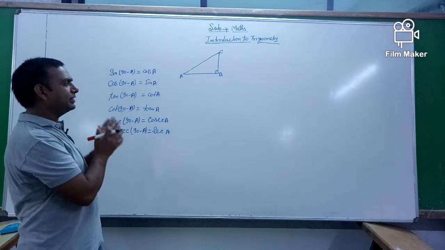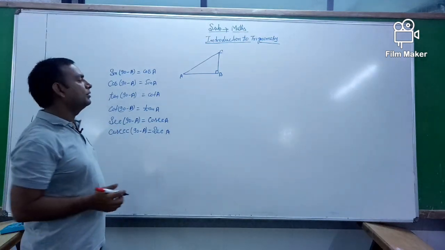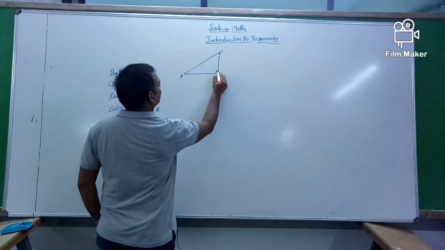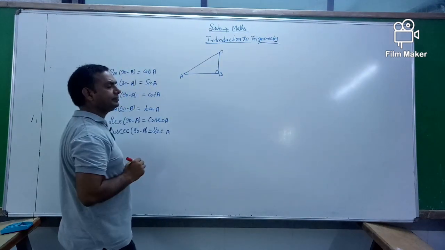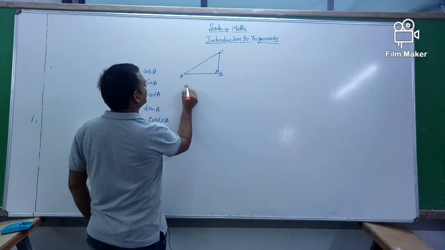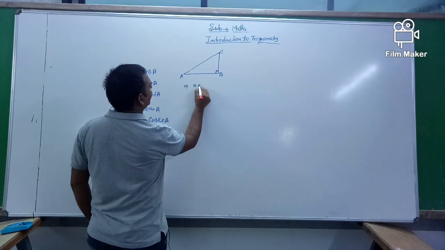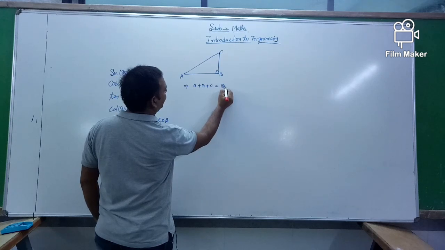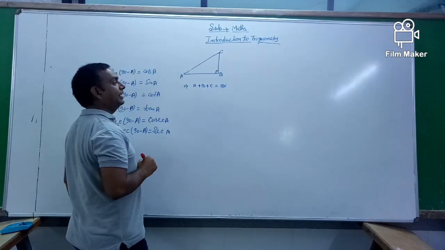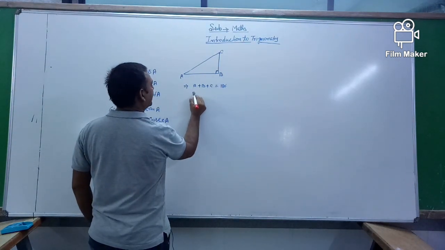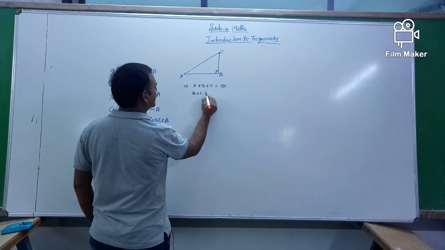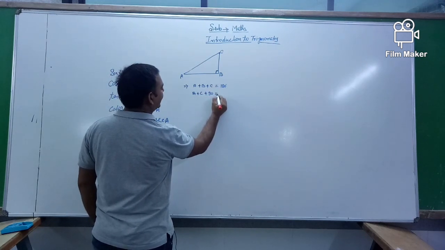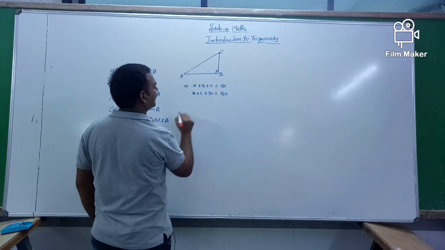But how can we find this formula? First you see that there is a 90 degree angle, so the sum of the angles of the triangle, A plus B plus C, is equal to 180 degrees. Here B is 90 degrees, so A plus C plus 90 is equal to 180.